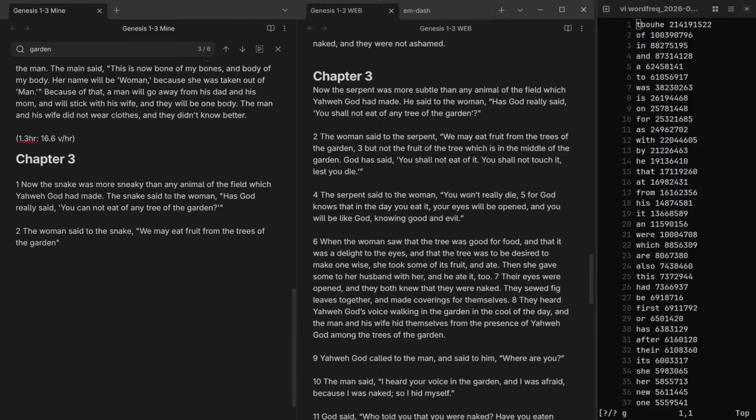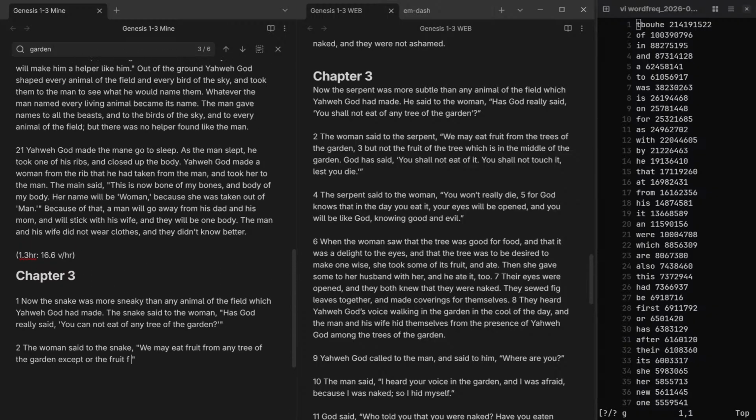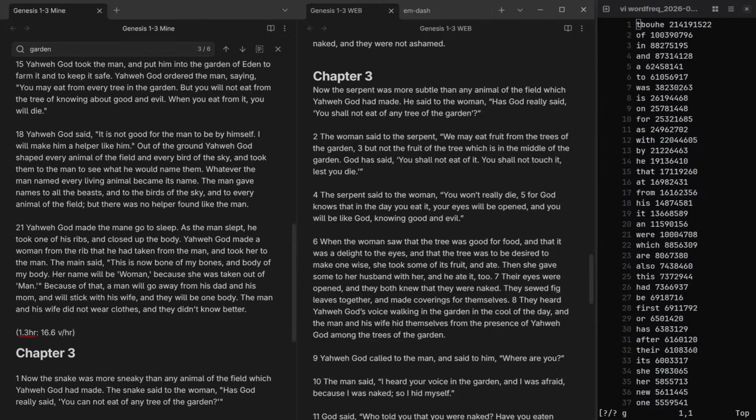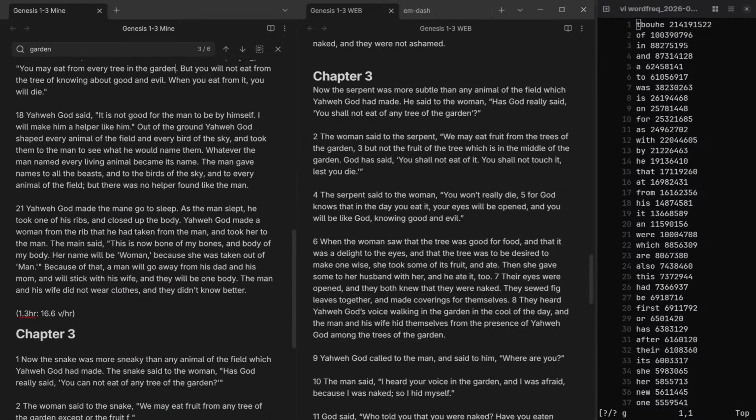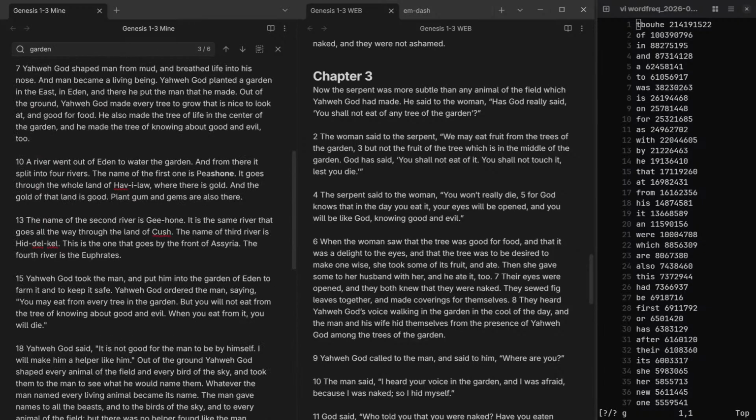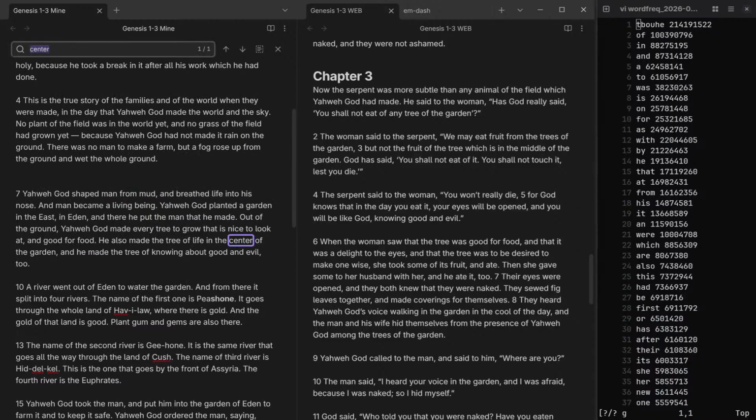I'm going to say any tree of the garden except for the fruit of the... Did I use middle before? Center. I feel like middle's probably better than center. I think center is probably wrong.